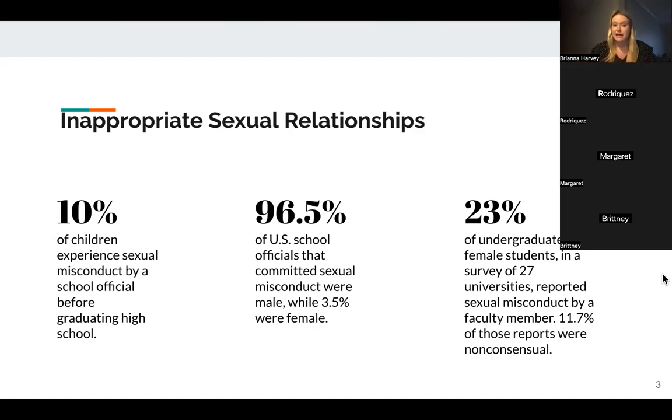Since the age is 16, like I said, that does not apply to students in high school. So in terms of students, the age of consent is 19. Students in university essentially could consent, but that behavior is still unethical. And 11.7% of these were non-consensual. I didn't even put that these were non-consensual for school-age children, because they are not able to consent in the first place.